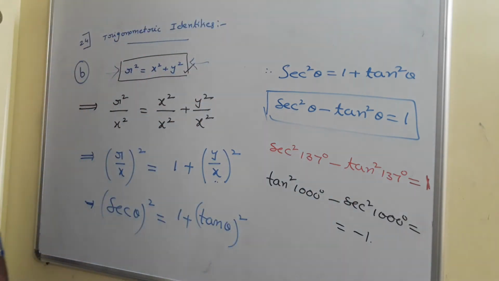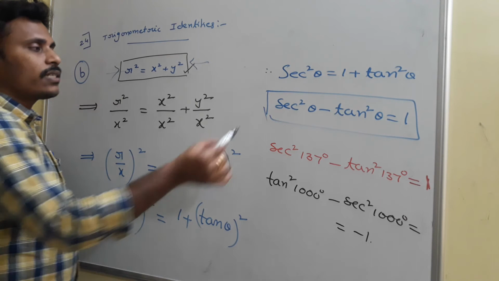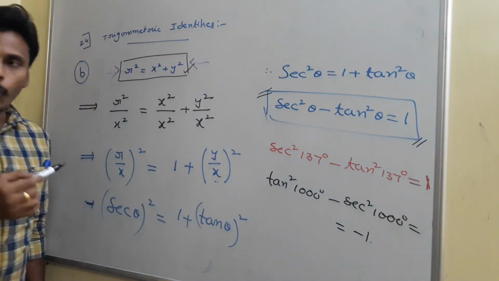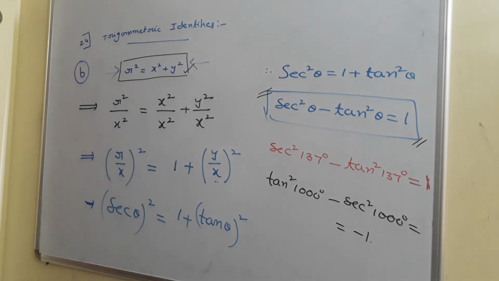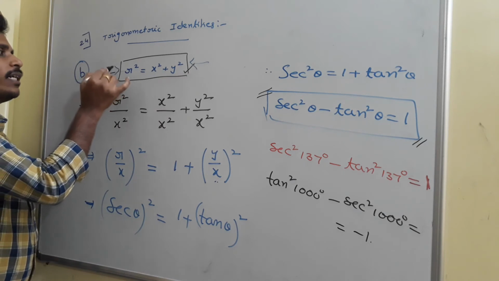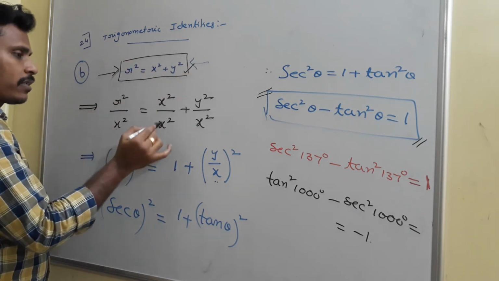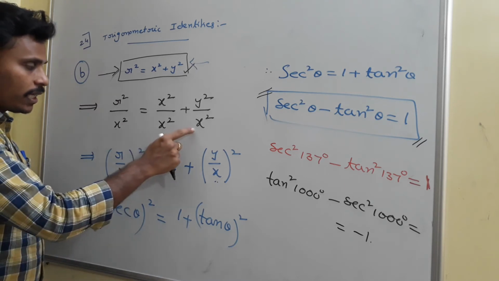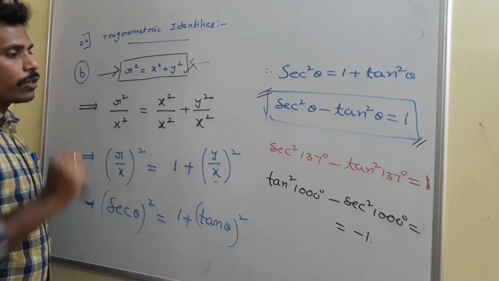And now, think about it for a while. Is this identity, secant square theta minus tan square theta equal to 1, always true, or do we have any restrictions on theta? Just think a while. At the start, in generating this identity, I divided the Pythagorean result with what? x square. Since we are dividing the Pythagorean result with x square, this x must not be equal to 0.